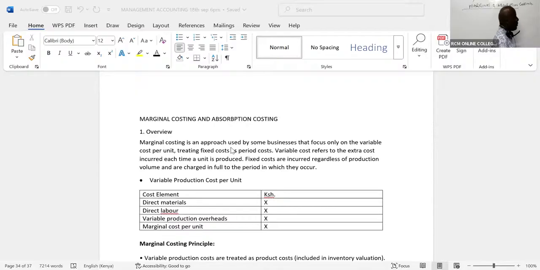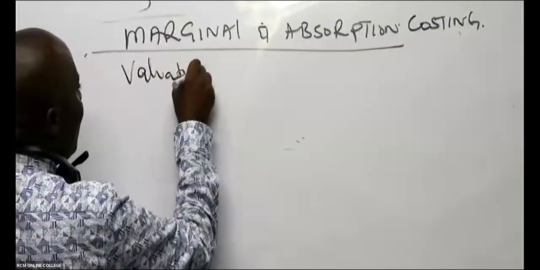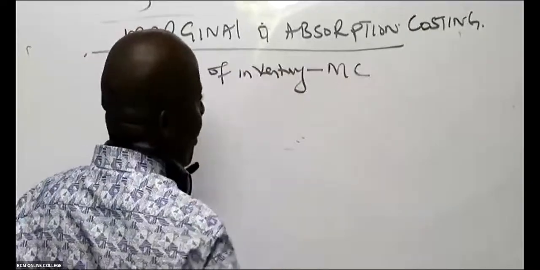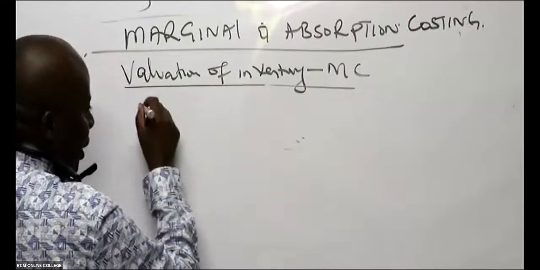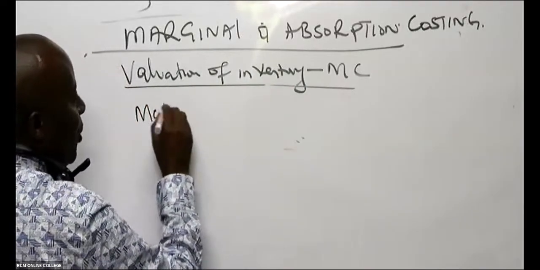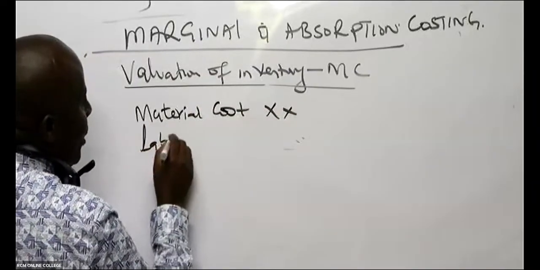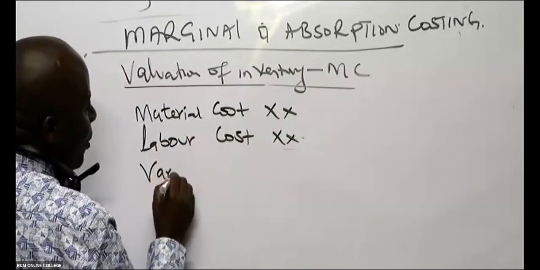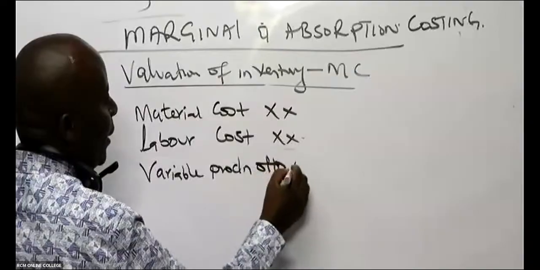So whenever we talk about valuation of inventory under marginal costing, I'll be calling this one here MC. This is how we shall always be valuing our inventory. We have material cost, we have labor cost, we have variable production overhead.